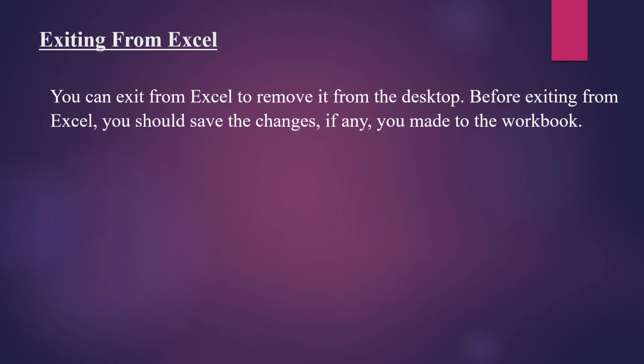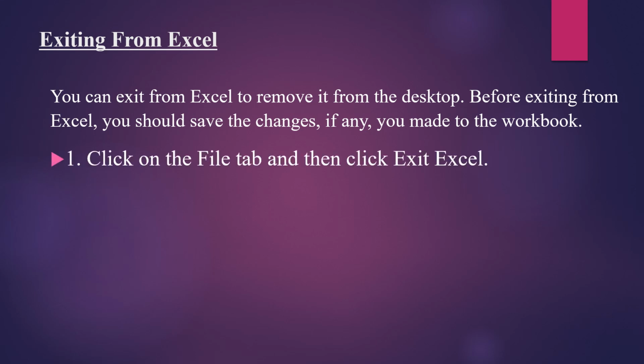Children, after closing the workbook, let us see the different steps for exiting from Excel. You can exit from Excel to remove it from the desktop. But children, remember, you have to save the changes. What are the steps?